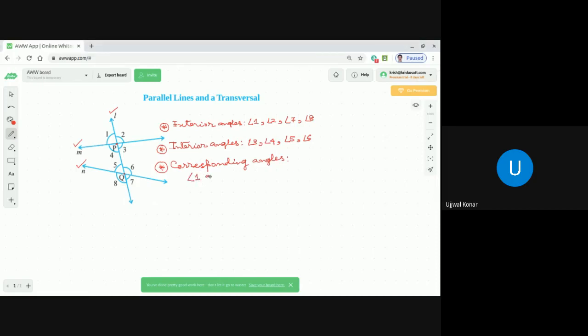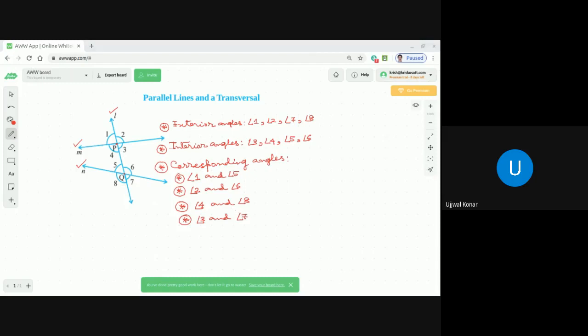Angle 1 and 5, then angle 2 and 6, then angle 4 and angle 8, and the last pair is angle 3 and angle 7. They are known as the corresponding angles.